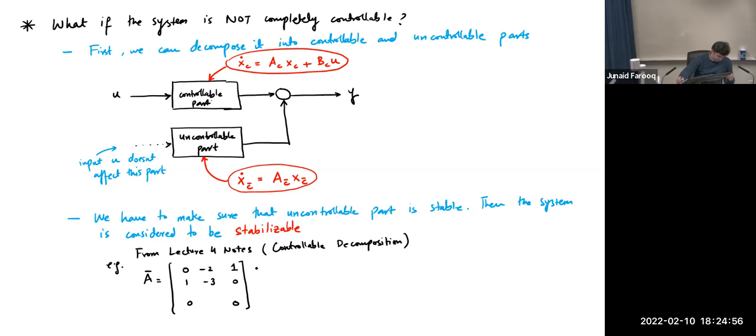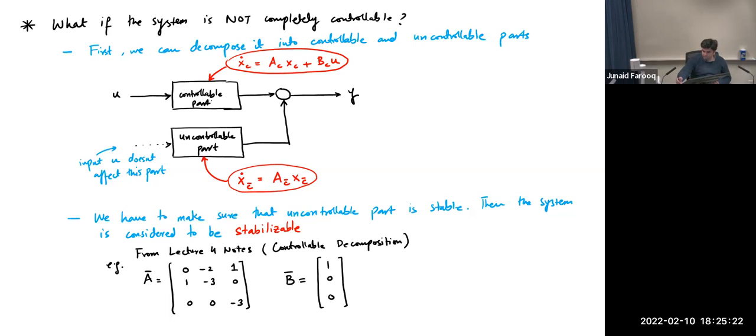Oops. It was 1, 0, and -3. Okay, and the B bar was actually 1, 0, and 0.